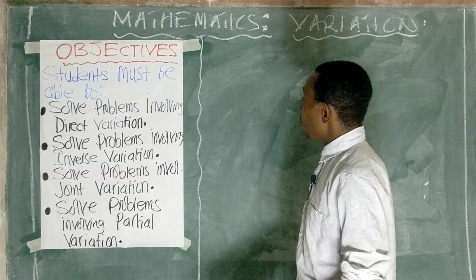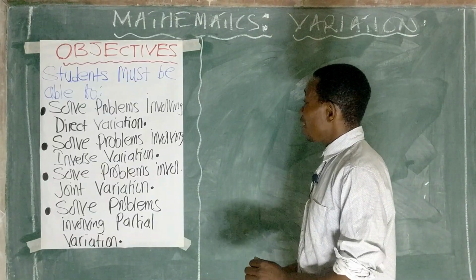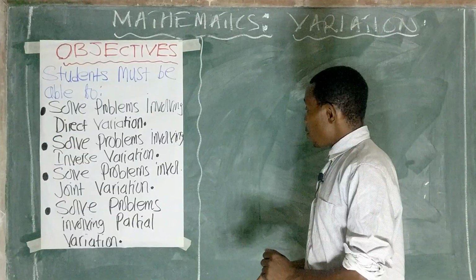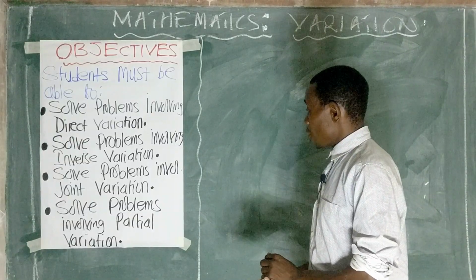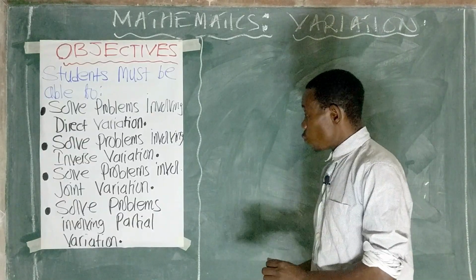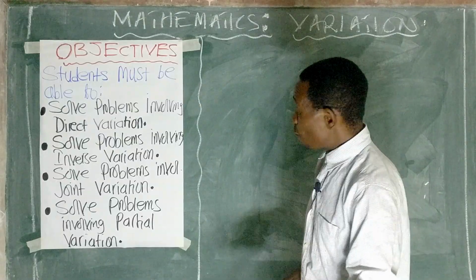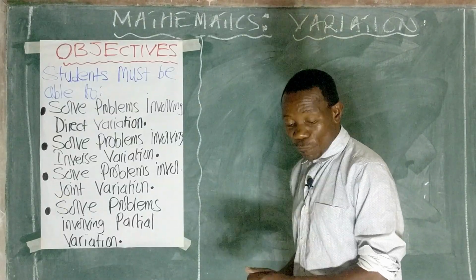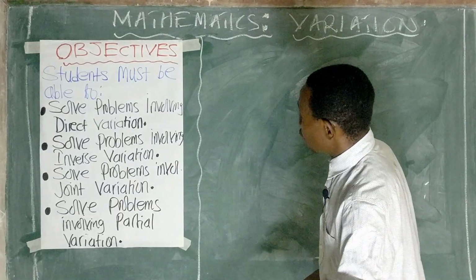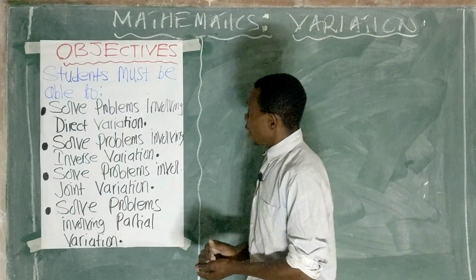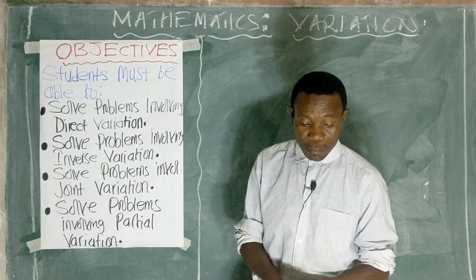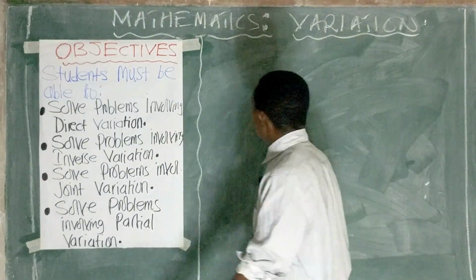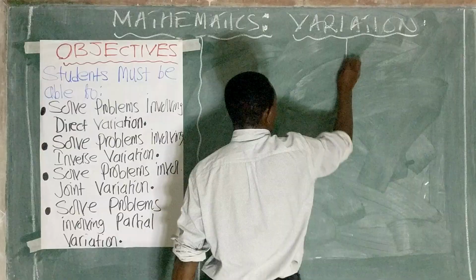Be in the position to solve problems involving direct variation, then solve problems involving inverse variation, solve problems involving joint variation, and lastly, be in the position to solve problems that involve partial variation. Right, so only 4 are the main ones, but there are a lot of issues that we're going to learn behind these main objectives.